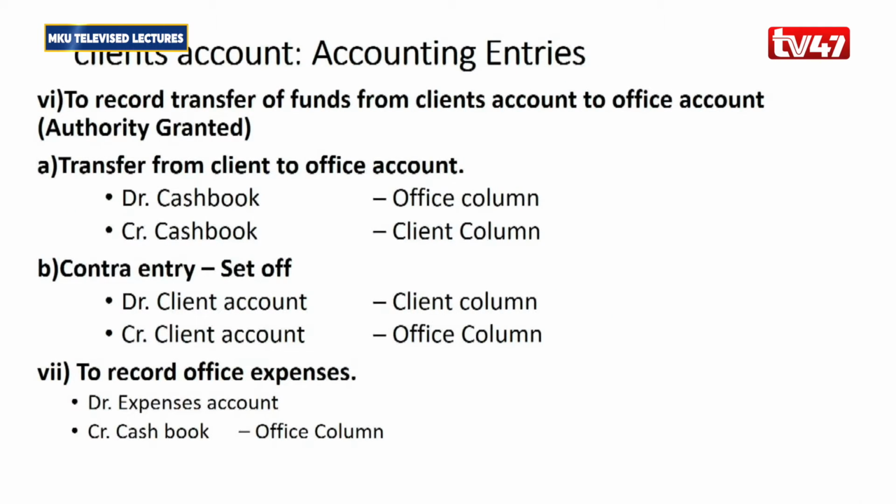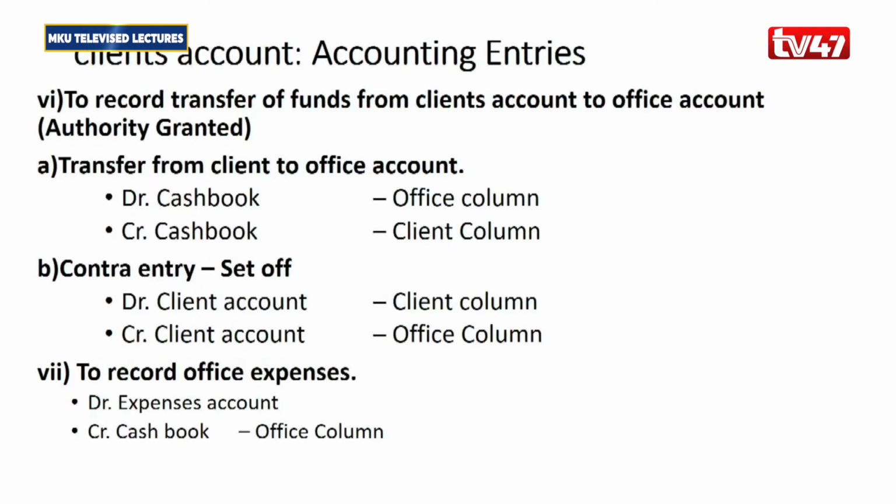We want to proceed and look at the sixth transaction that you can also record in the client's account. This is when you want to transfer money from the client's account to the office account. In this case, authority must be granted.